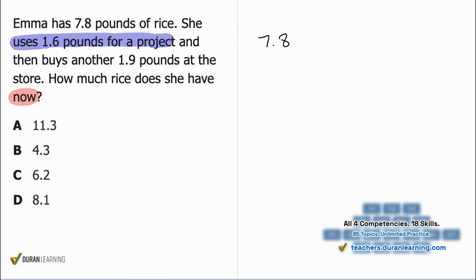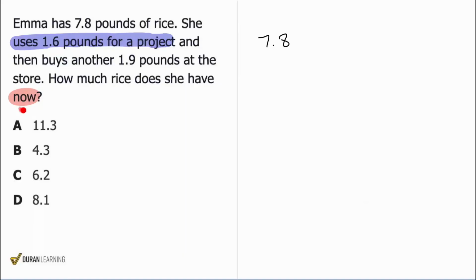If what we're keeping track of is how much rice we have now, how do we treat using rice? What does that do to how much rice we have right now? If I use any amount of rice, yeah, we're subtracting it.